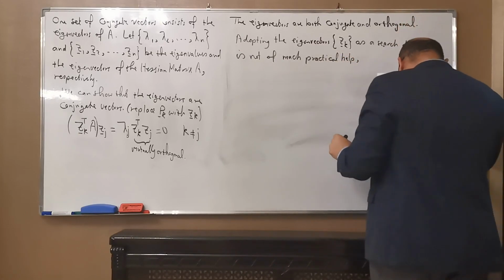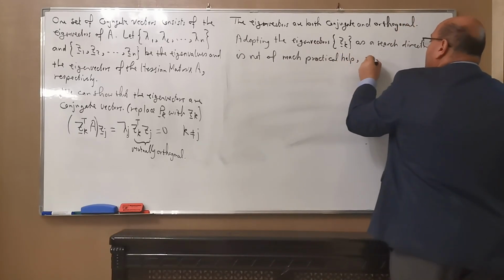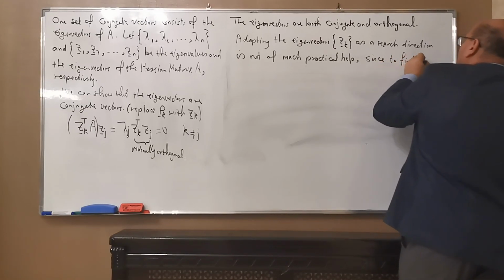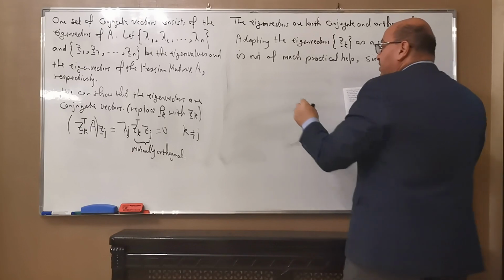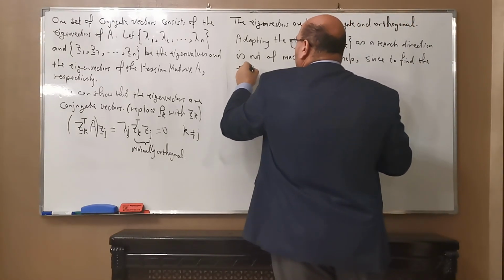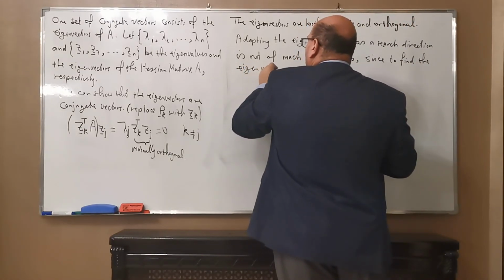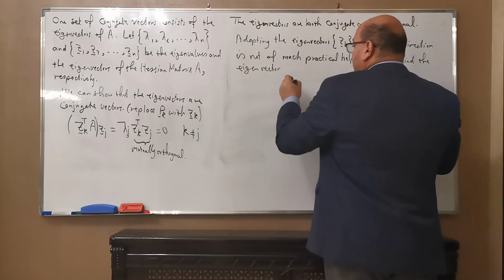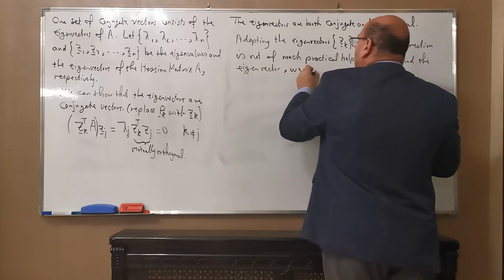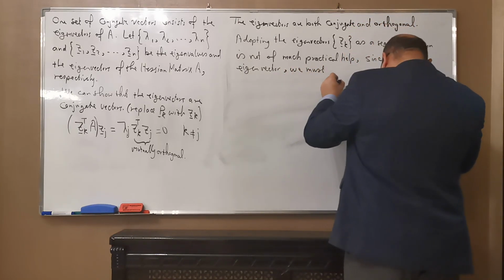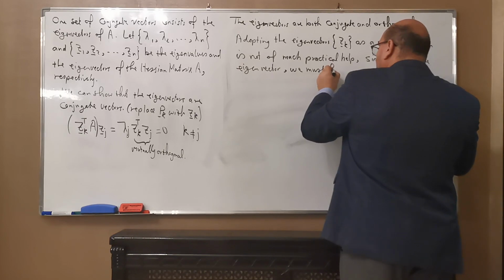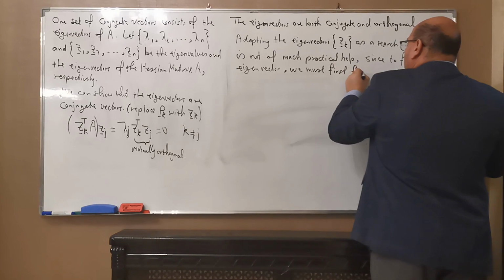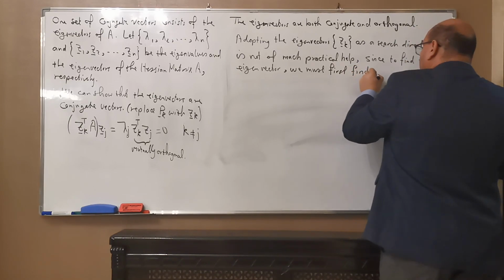Why? Since to find the eigenvectors, we must first find the Hessian matrix.